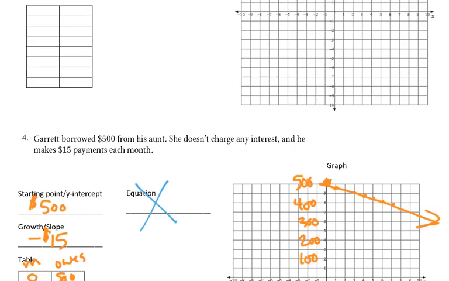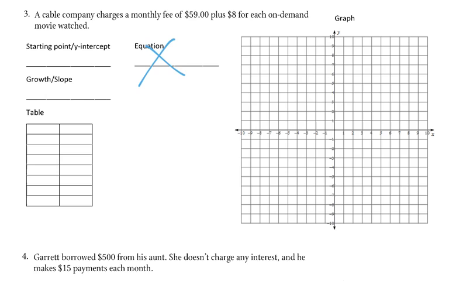And we forgot question number 3, didn't we? Okay, so a cable company charges a monthly fee of $59 plus $8 for each movie watched. So this would be how much the cost is, right, per movie. So if we don't watch any that month because our mom grounds us from doing it, we still pay $59.